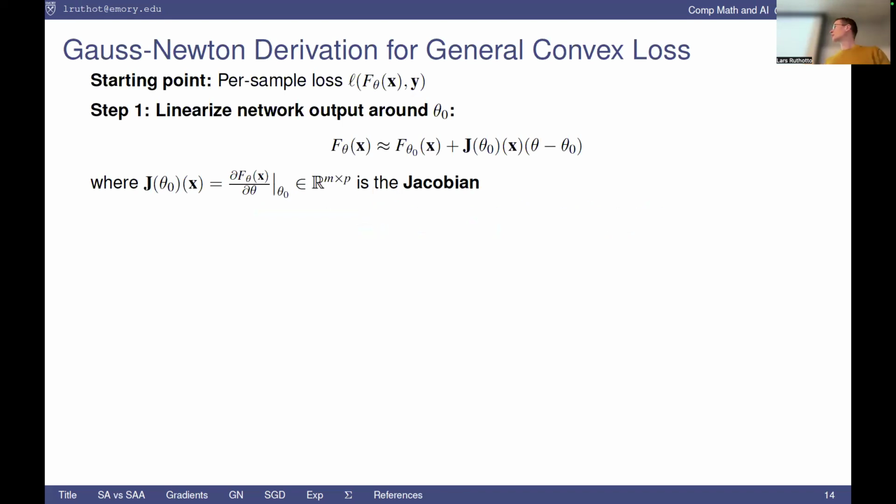So what we do is we have the per sample loss, that's f theta of x comma y. Your y is your actual label, and f theta of x is the prediction of the network, but not in logits yet. That is the common thing when you work with a softmax: you don't do the logits there.